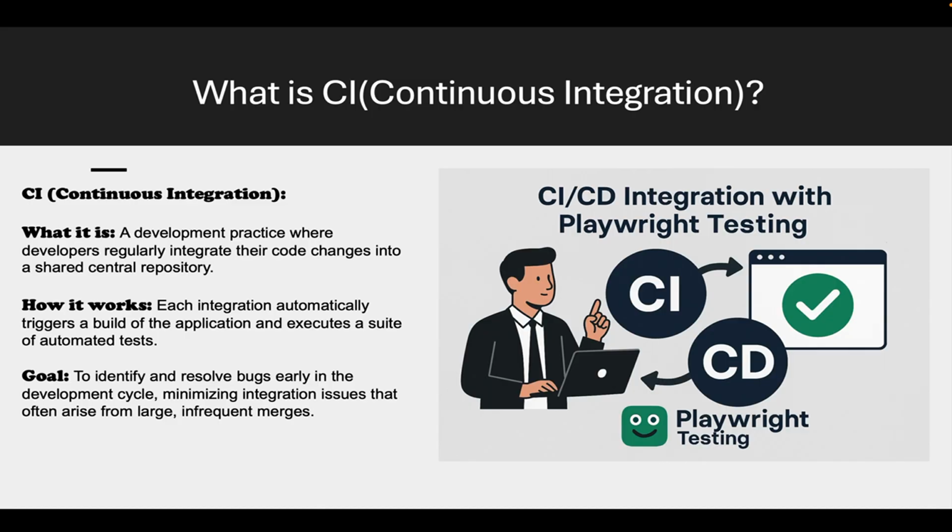And for the CD part, we need to add another flow in here, which is a new file, and we will name this deploy.yml, deploy.yaml, my bad. Rename it deploy.yaml.